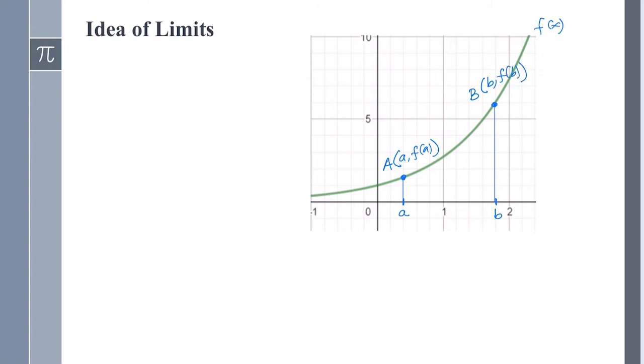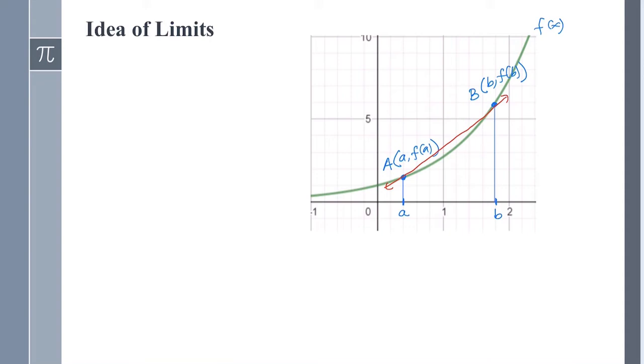Now if we draw the secant line passing through these 2 points, so let's say this is the secant line AB, then the slope of the secant line AB is given by f of b minus f of a over b minus a.